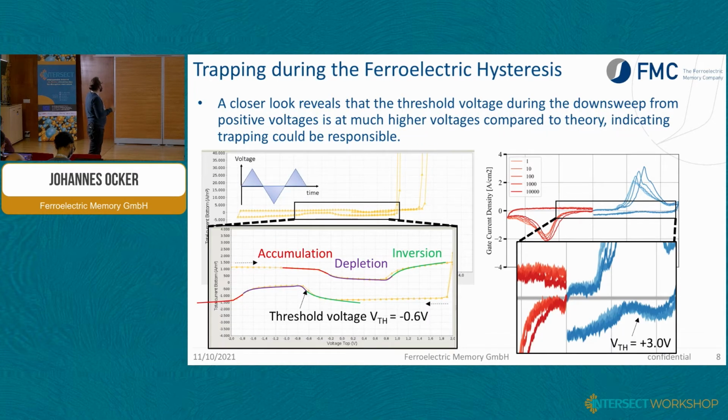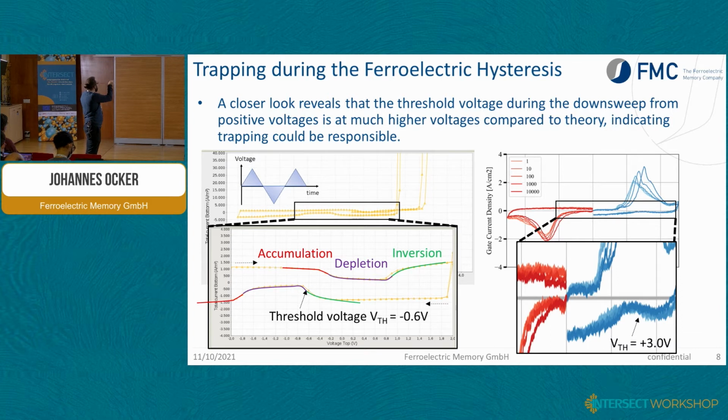Okay, and what you can also see, if you take a closer look in this simulation here, is that if you sweep from negative voltages, since the FeFET in itself is still an MOS capacitor, the silicon goes from accumulation to depletion and inversion, and you can also see this in the displacement current of the transistor.